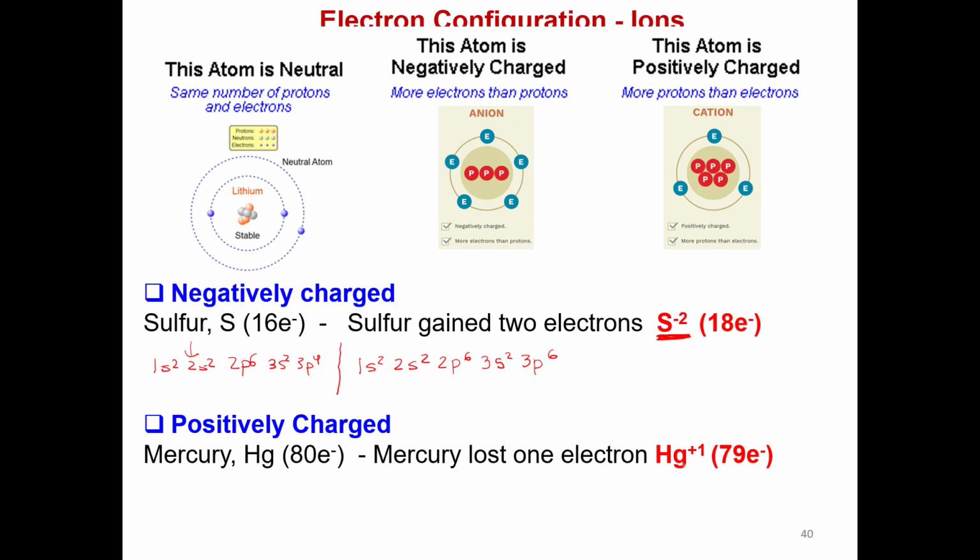Then the electrons for the ion of mercury is not 80, it is 79. Then we need to write the electronic configuration accordingly, based on 79 electrons.